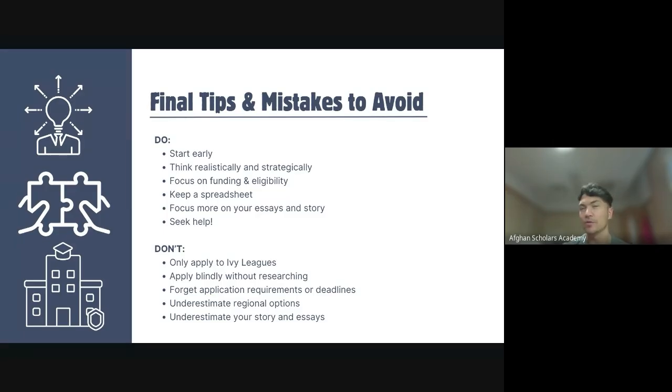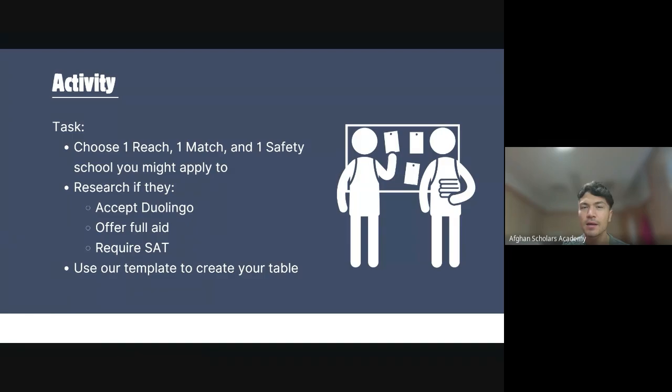We'll talk about how you can connect your story to the mission of that college or university. So that's another thing that you should avoid. That was the last thing I wanted to talk about in this session.